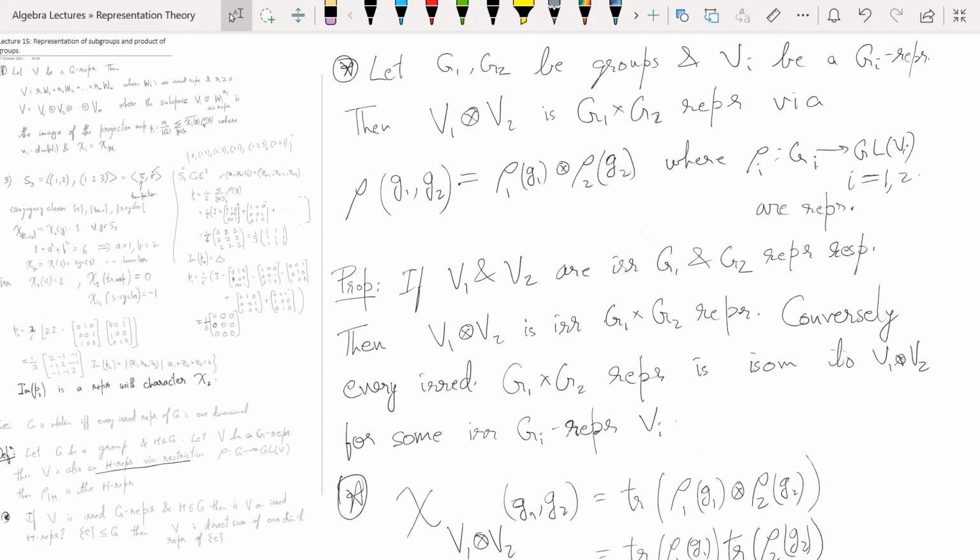Let G1 and G2 be groups, and Vi be a Gi representation. Then we can cook up a representation of G1 cross G2 by taking the tensor product of V1 and V2. How do you define the product? This is also a definition.